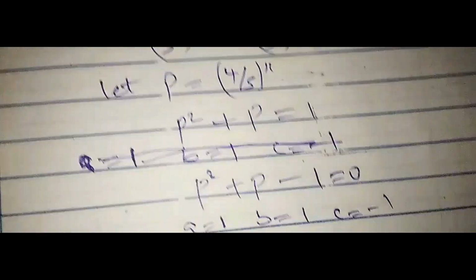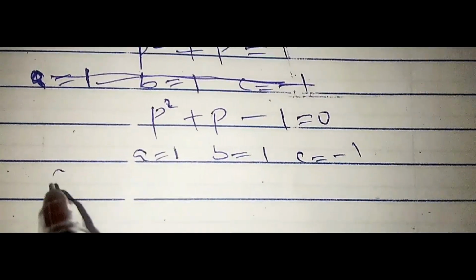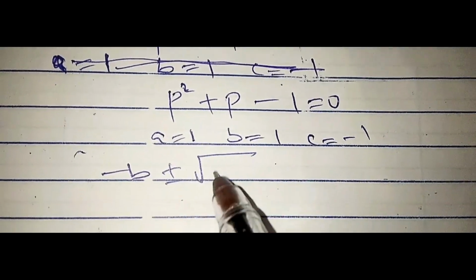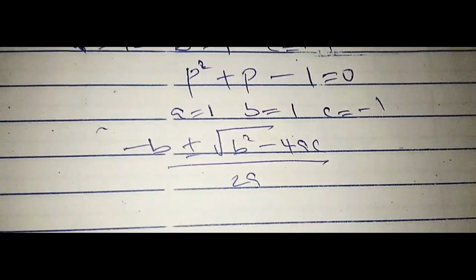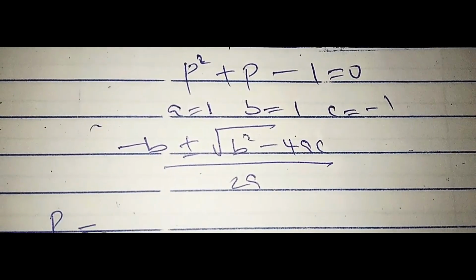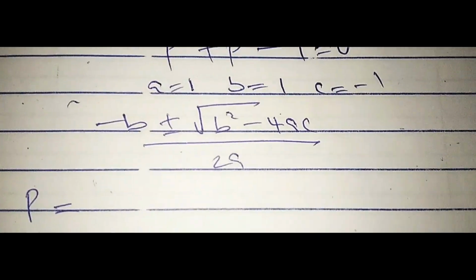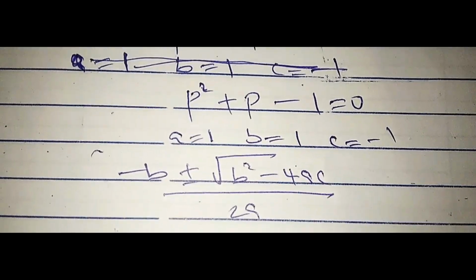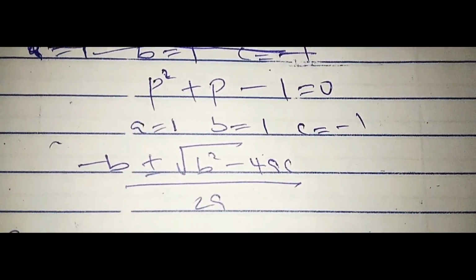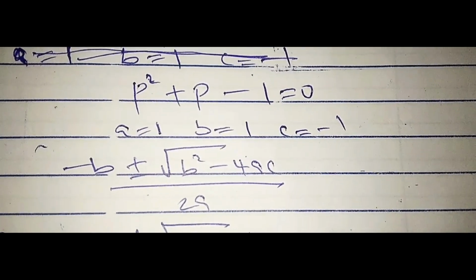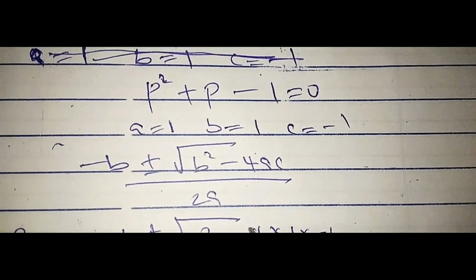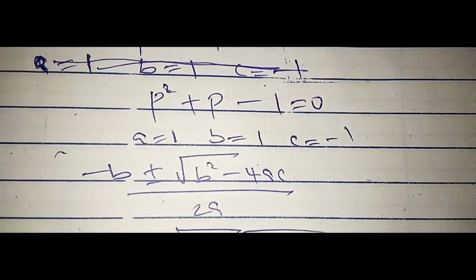Remember our formula is simply minus b plus or minus square root of b squared minus 4ac, all over 2a. So p is equal to minus 1 plus or minus square root of 1 squared minus 4 times 1 times minus 1, all over 2 times 1.